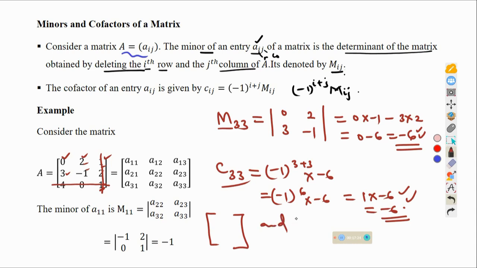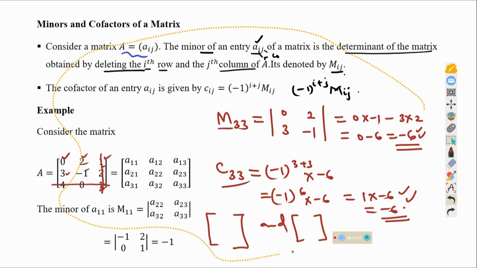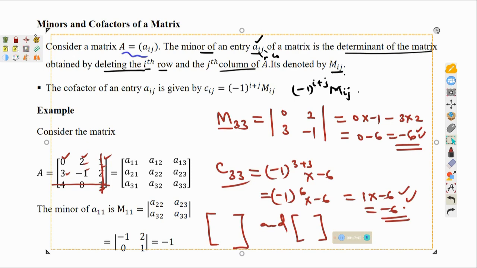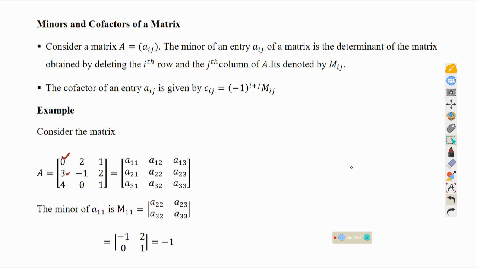And likewise, we have already got the cofactors corresponding to each of these entries, so get the cofactor matrix. So from there, we shall be able to get the minors and the cofactor matrix of any given matrix.